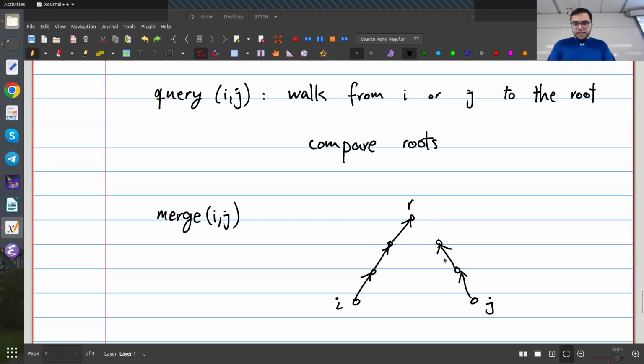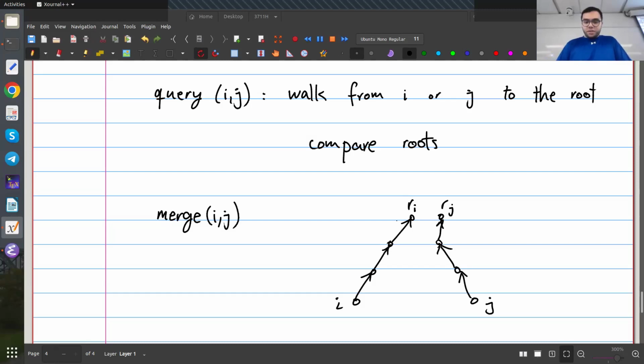But now let's say that they weren't in the same set. So I have R, and here, let me call this Ri, and let me call this one Rj. So I started from each of my vertices, I just went up my trees, and I reached two different roots. Now, when I want to merge them, I can simply make one of the roots the child of the other root.